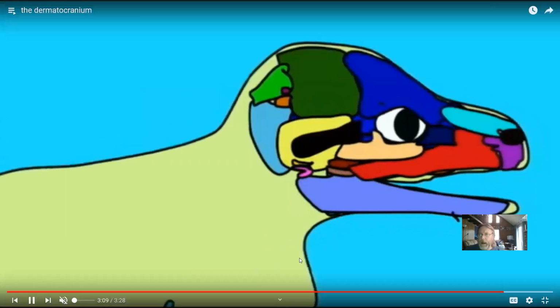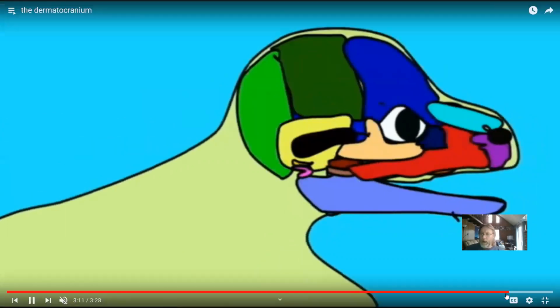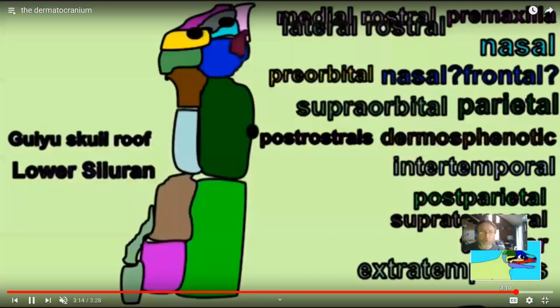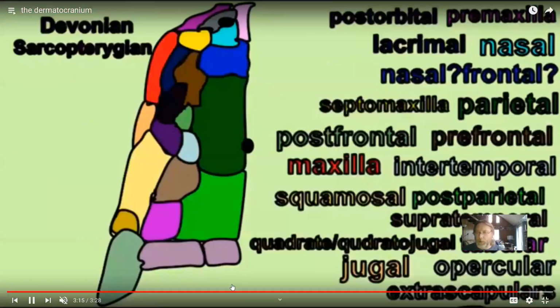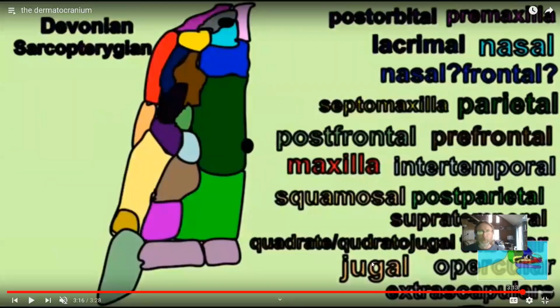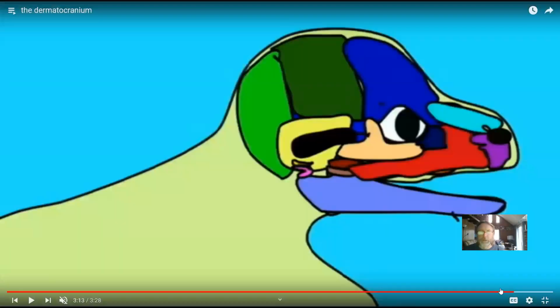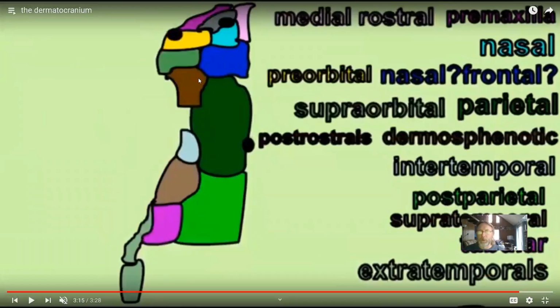So these bones of the dermatocranium just get modified over time to turn a fish into an amphibian, into a reptile, into a mammal. And so we have homologous bones of our dermatocranium. If you go back to these Silurian fish, like Saurolepis, you can see parietal bones and a number of these pieces.